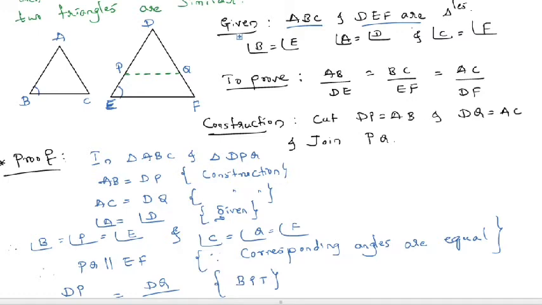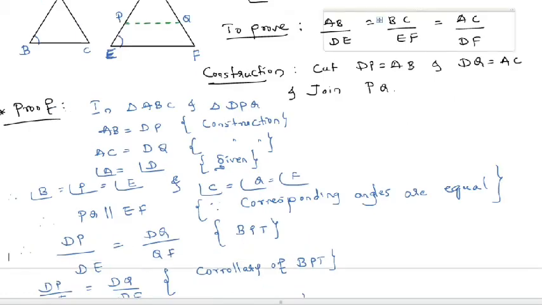Now AC is equal to DQ by construction. Angle A is equal to angle D, it is given. Therefore, angle B is equal to angle P, then angle P is equal to angle E, and angle C is equal to angle F and angle F is equal to angle Q. Therefore, if corresponding angles are equal, then these two lines are what? Parallel. Therefore, PQ is parallel to EF.